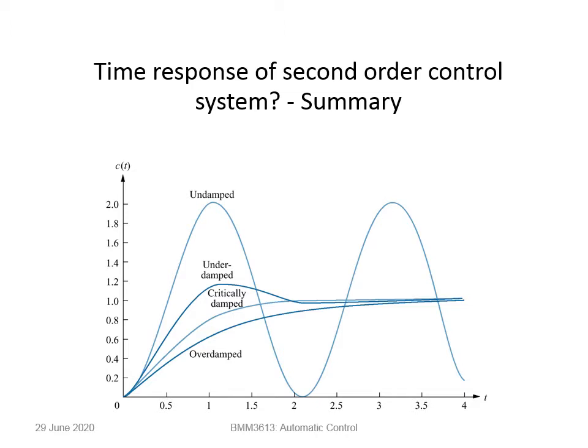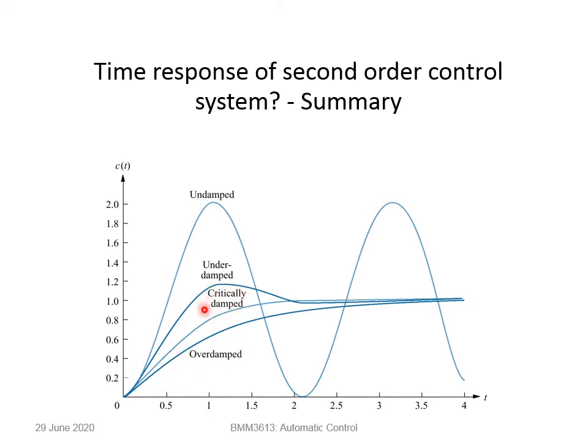To summarize, second order time response can be characterized into 4 types of response, right? If we have the poles position on the real axis and distinct, we have an overdamped time response.